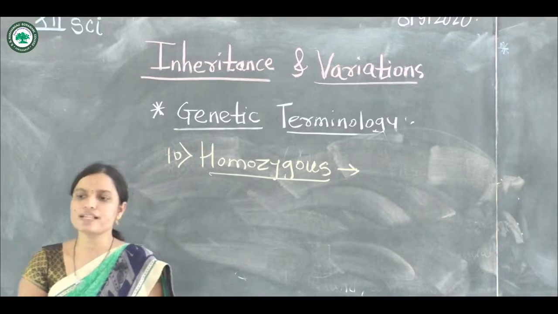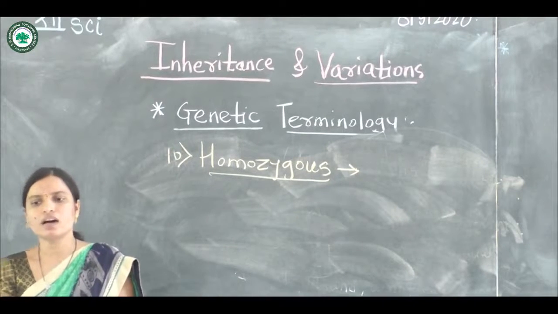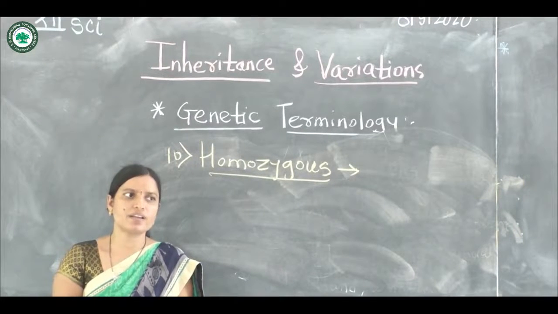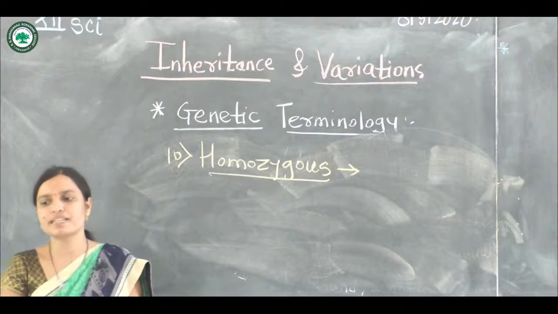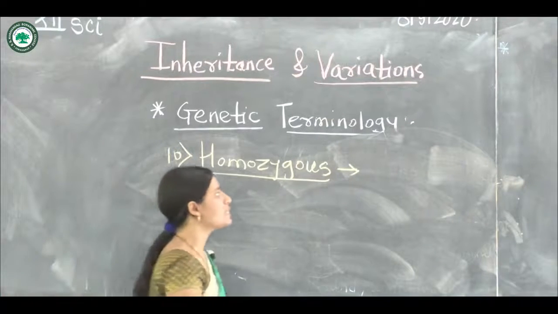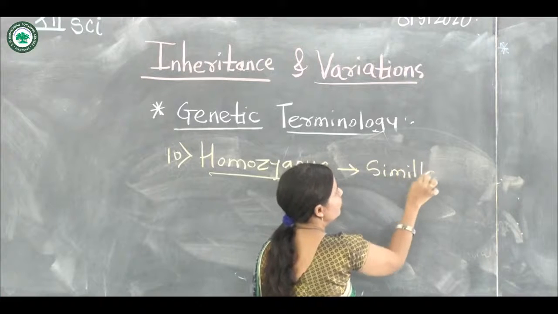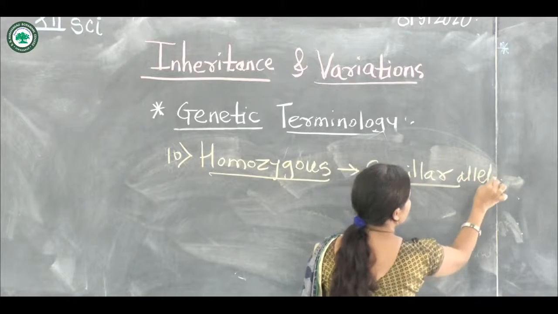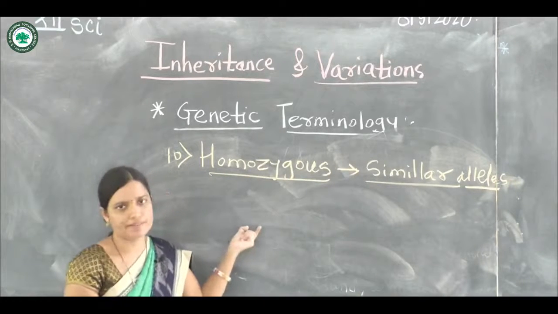These are individuals possessing similar alleles for a particular trait, and this condition is known as homozygous. Homozygous means individuals possessing similar alleles.